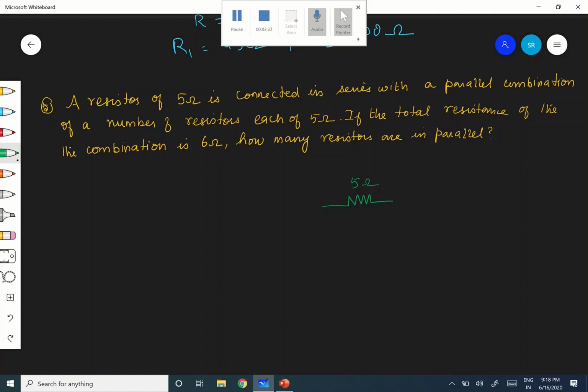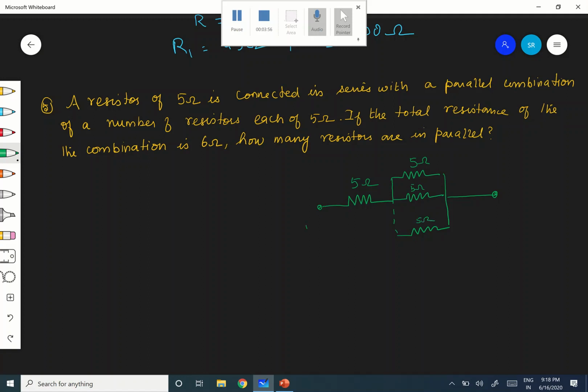Now there are so many resistors. We don't know how many, therefore that you have to find out. Each of these is also 5 ohm only.